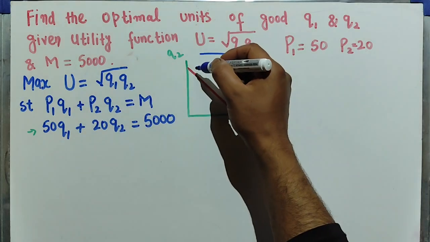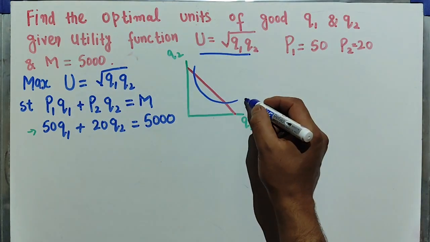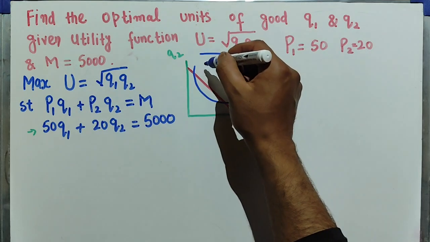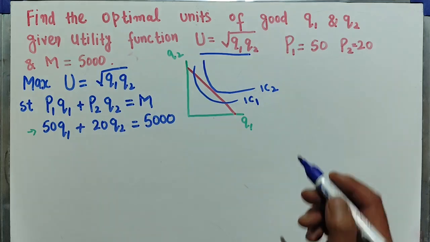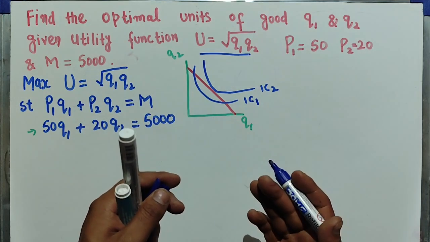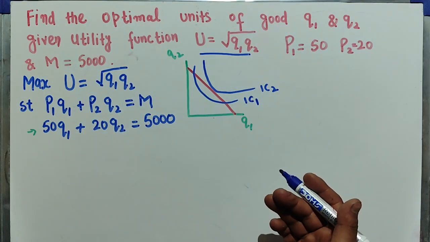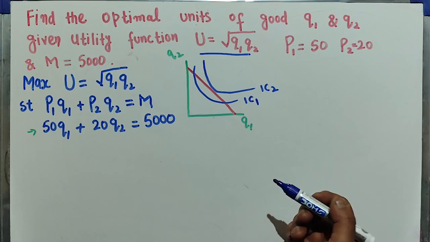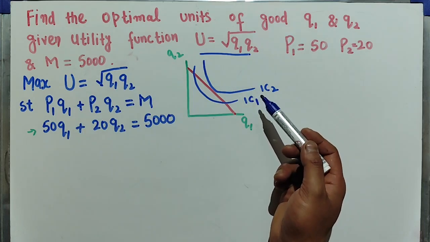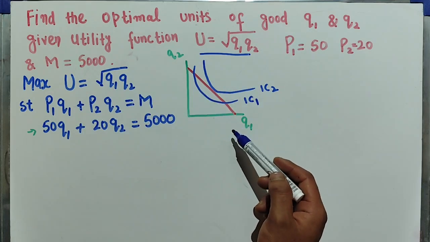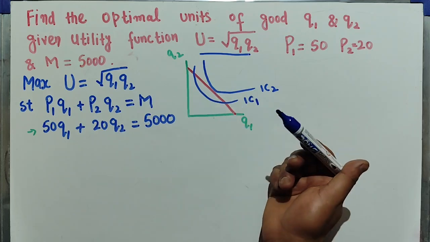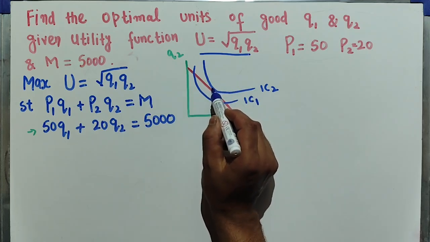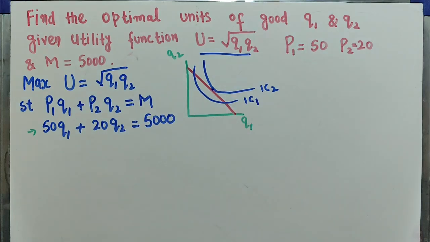There can be one indifference curve like this, IC1, and another indifference curve, IC2. The consumer's endeavor will be to maximize his utility, and it will happen at a point where the slope of the budget line is exactly equal to the slope of the indifference curve. So this point will be the optimal point.